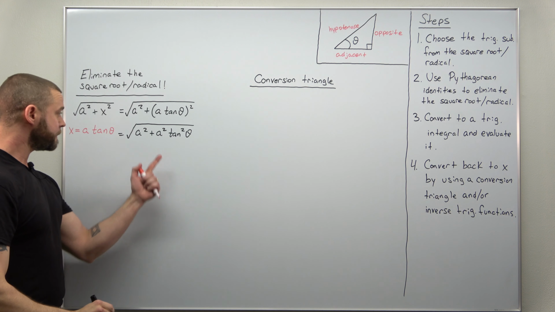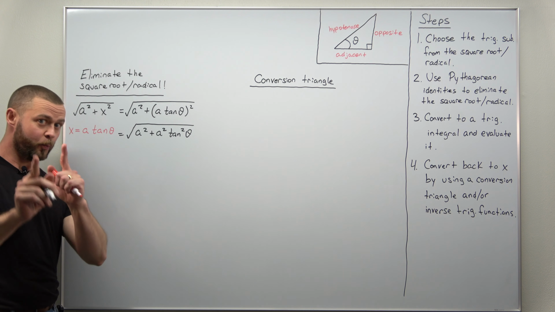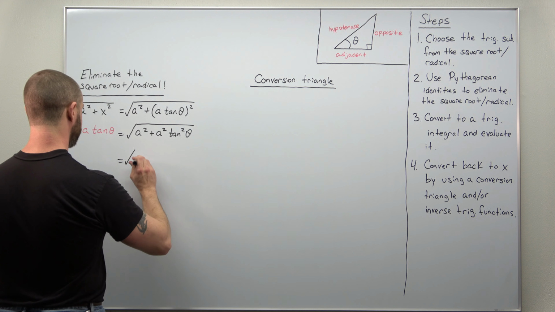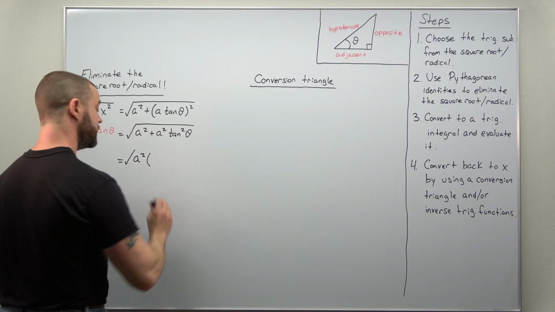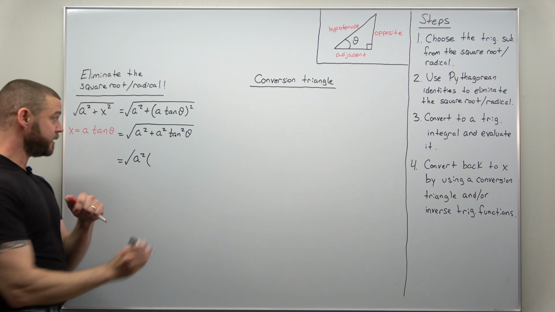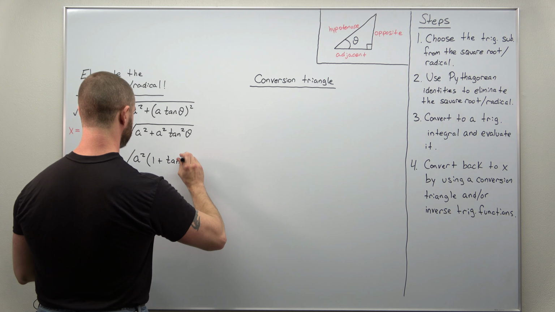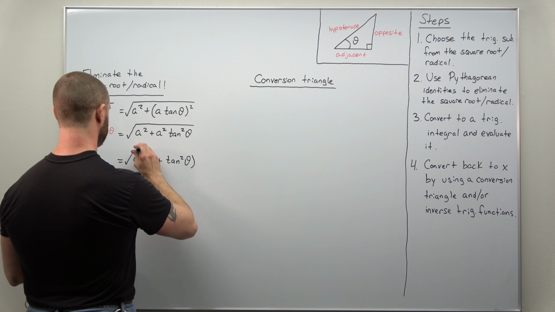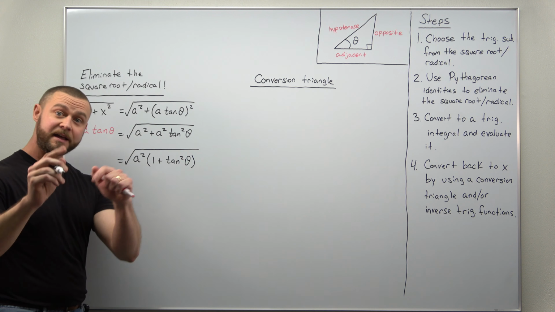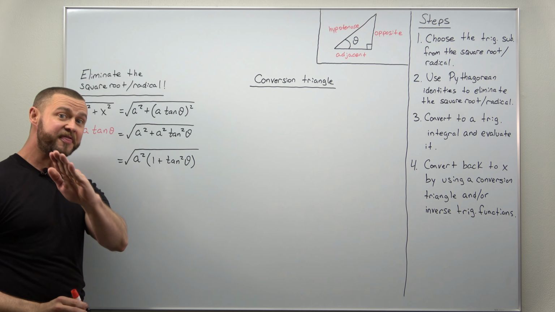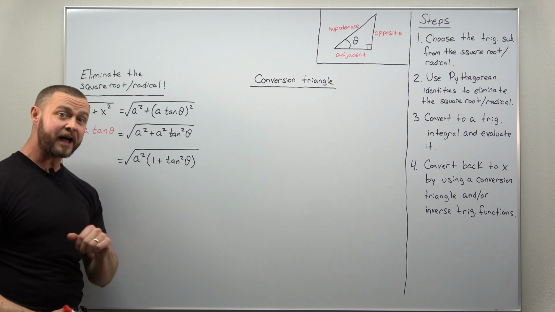Another standard step, factor a squared out, but within the square root. So we'll get the square root of a squared. And then in parentheses now, 1 plus tangent squared. And the key step to get the radical or square root to cancel is now we use a Pythagorean identity, which always happens.